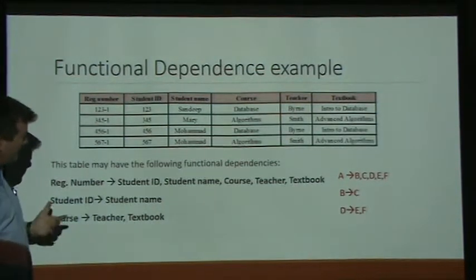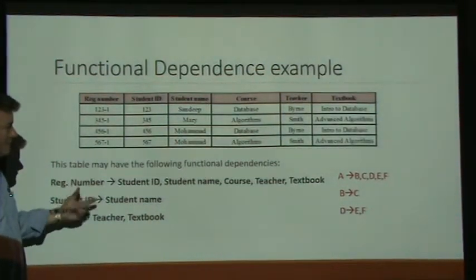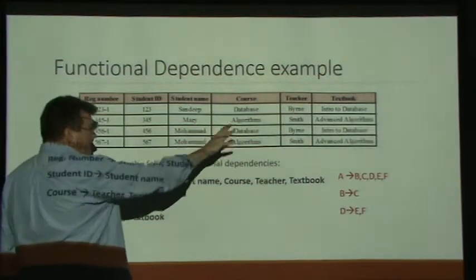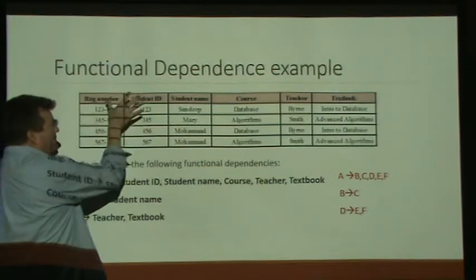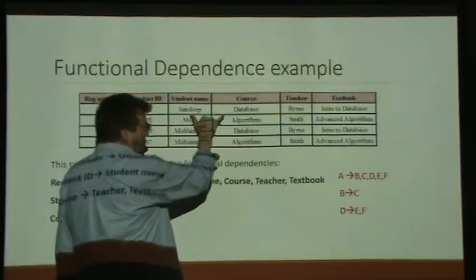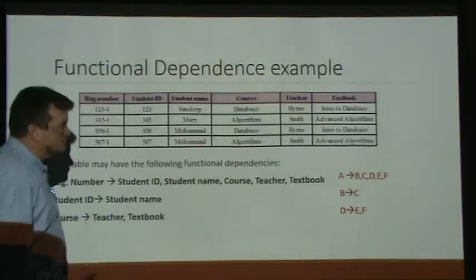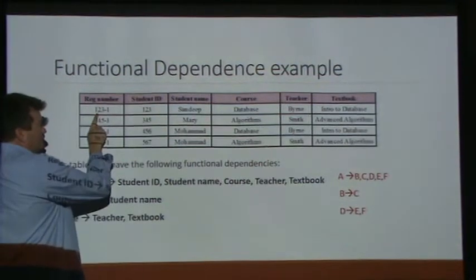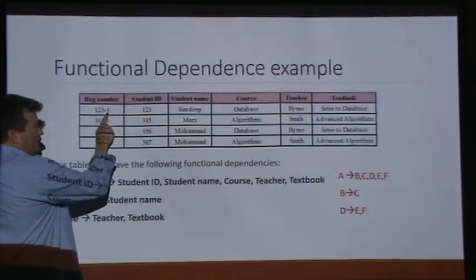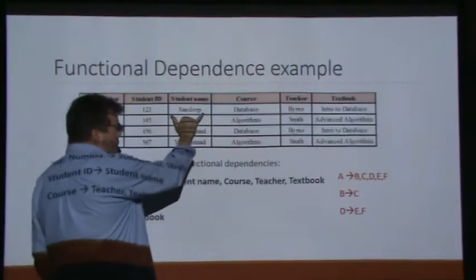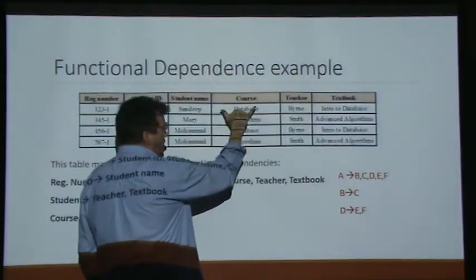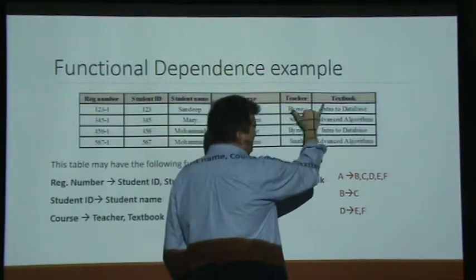Okay, so the idea of a functional dependency is basically if you had a table and you were given data in one column, you can then, using that column, tell the exact data in other columns. So for example, from the student's registration, 123-1, I can tell you the student ID, therefore I can tell you the student, and I can tell you the course, therefore I can tell you the teacher and the textbook.